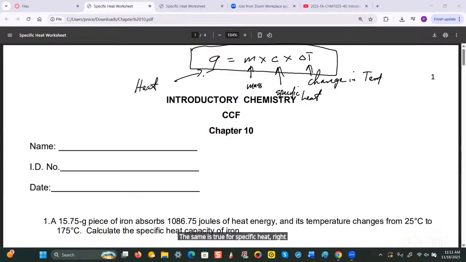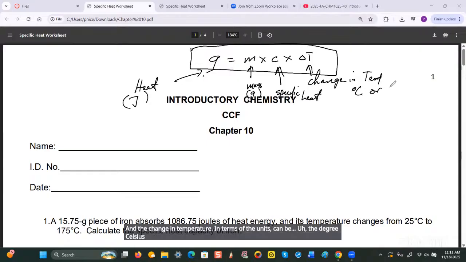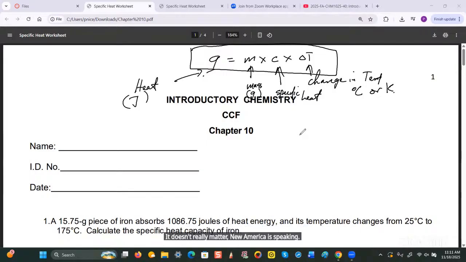Now, in terms of units, using the SI system or the metric system, the unit of heat is joules, the unit of mass will be in grams, and the change in temperature can be either degrees Celsius or Kelvin. It doesn't really matter, numerically speaking. The point here is that the change in temperature will be the same numerically, right?